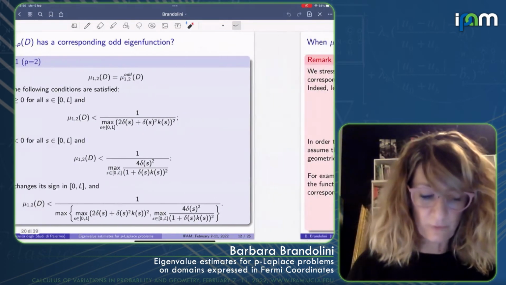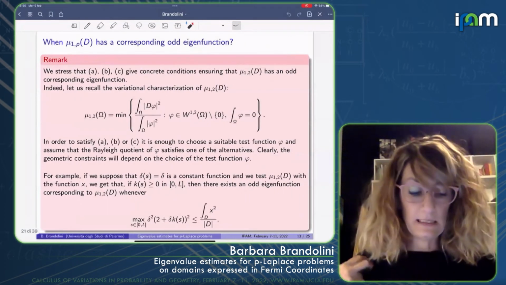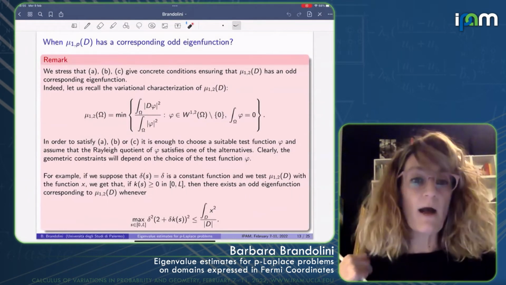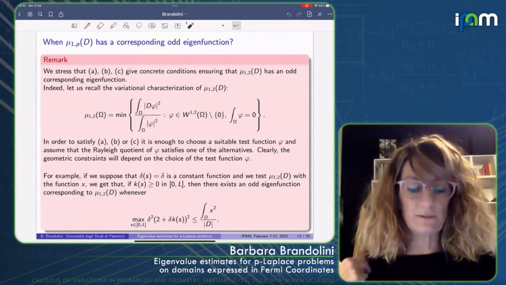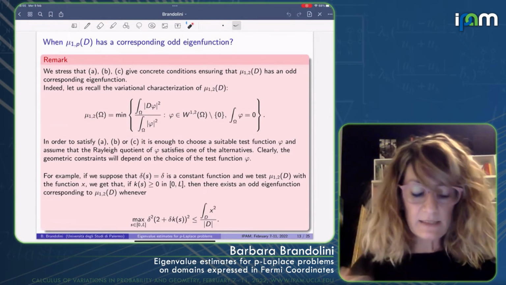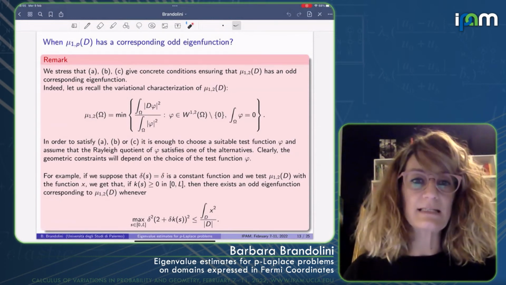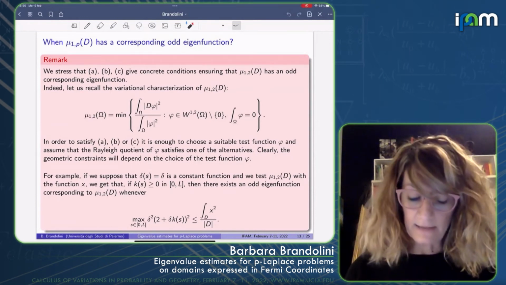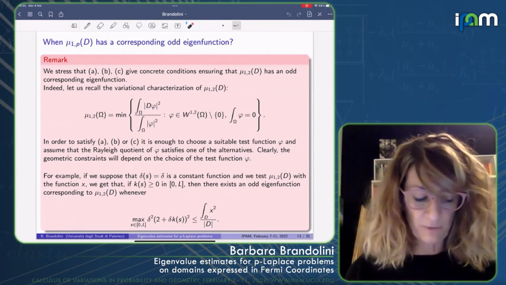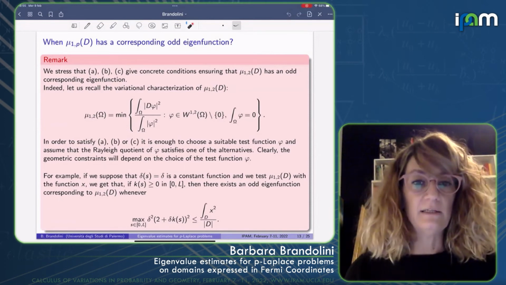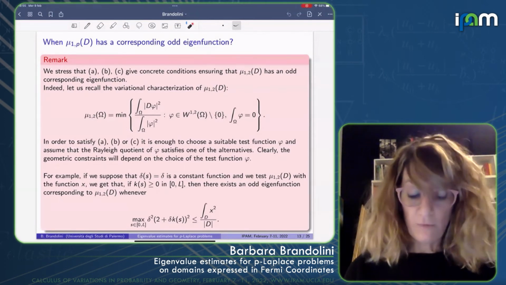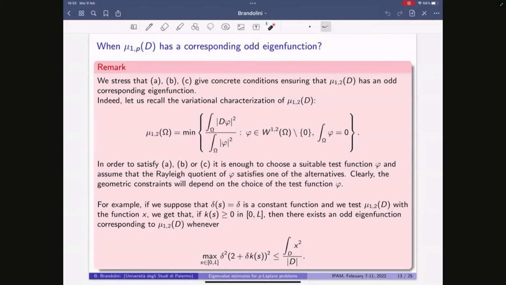And in order to convince you about this, let me just recall that μ1 by definition is the minimum of the Rayleigh quotient. And so if we want μ1 to be less than something, we can choose a suitable test function phi and assume that the Rayleigh quotient of phi is less or equal than that. Of course, this means that the geometric constraint that we are imposing on the set will depend on the test function.